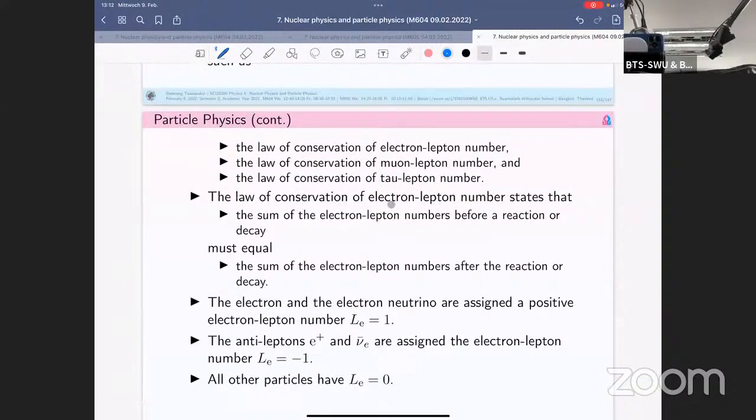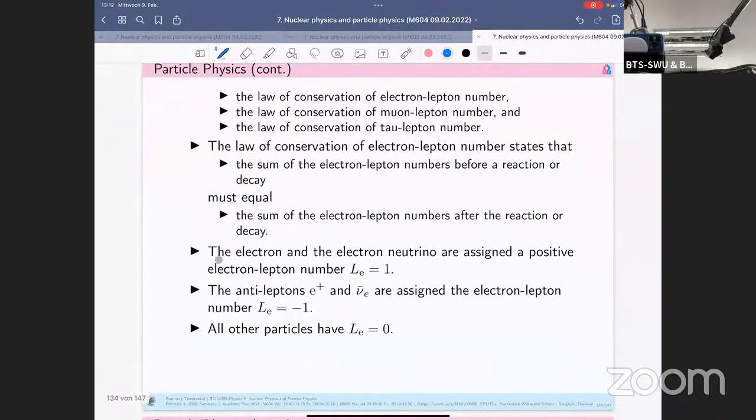The law of conservation of lepton number says that the summation of the electron lepton numbers before the reaction or decay must equal the sum of electron lepton number after. Before and after, we should have the same amount of electron lepton numbers.